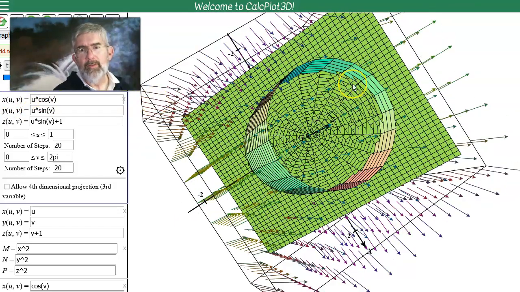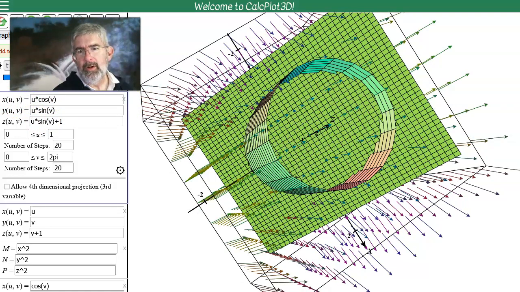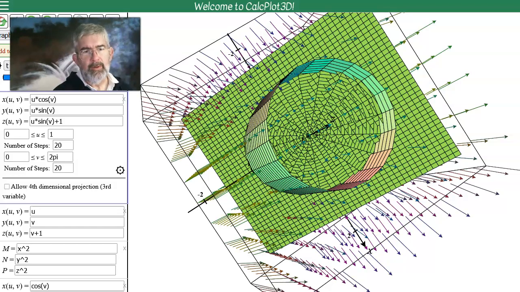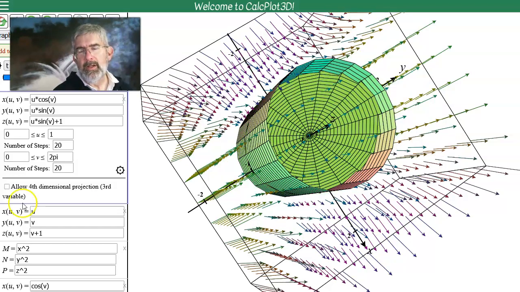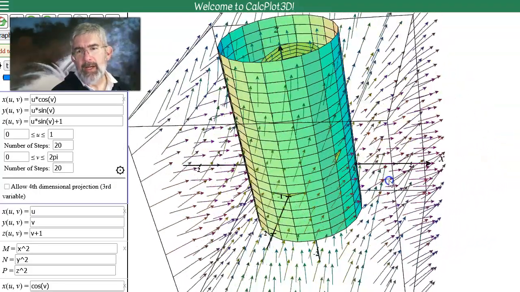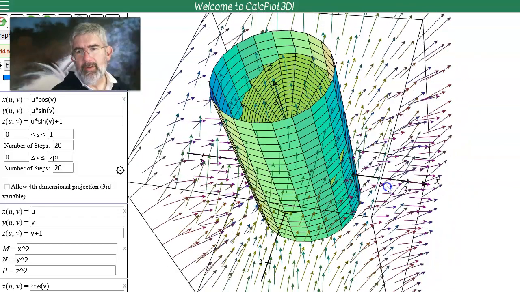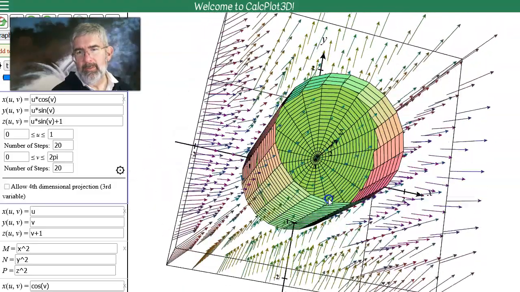Actually, as I turn it on and off, watch inside there. So there's off and on, and you can see that this sort of spiderweb grid comes in there. And if I turn off the other one, I have that plane, but now I have it just inside of the cylinder. In fact, you can see it sort of overlapping just a little bit where the cylinder's not being drawn properly.